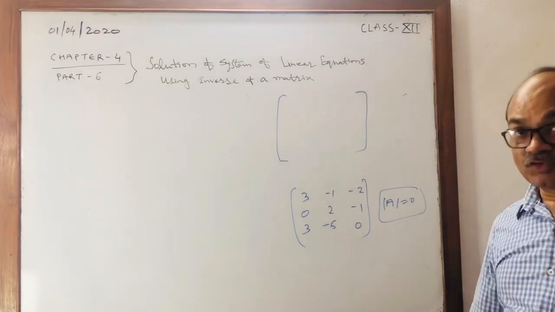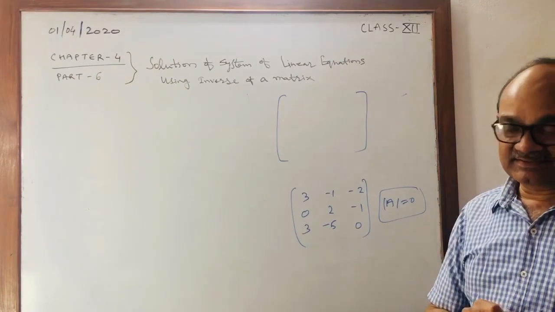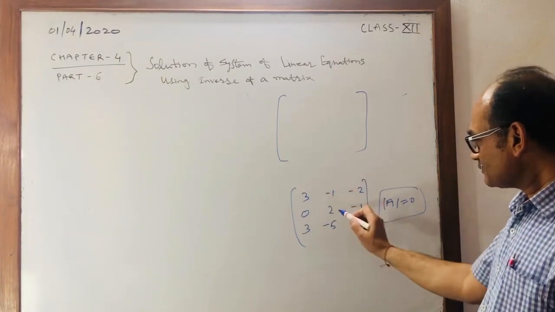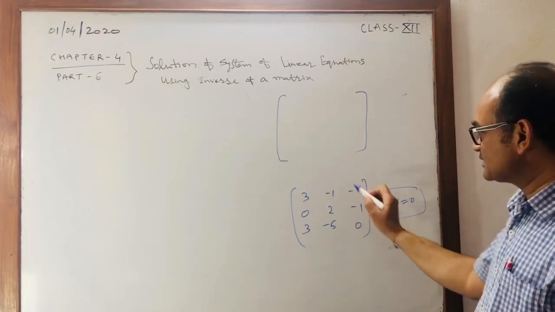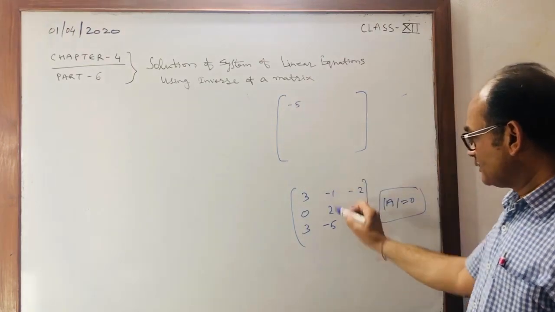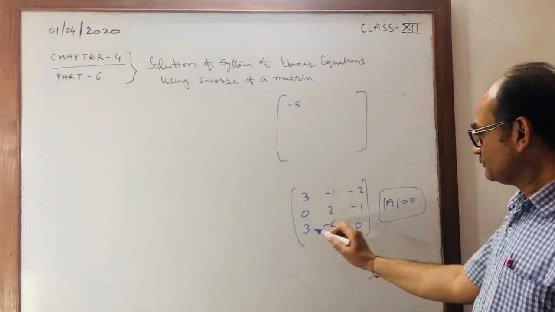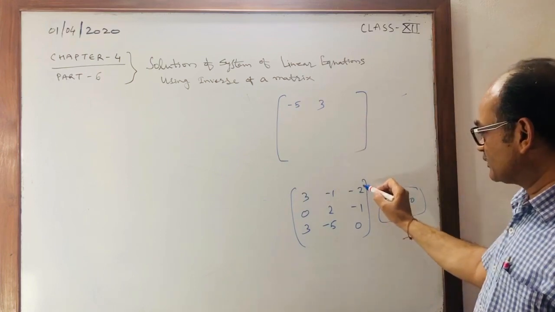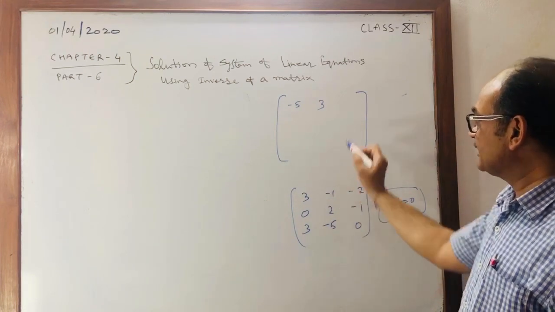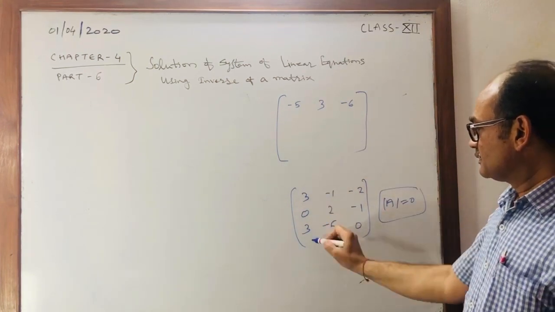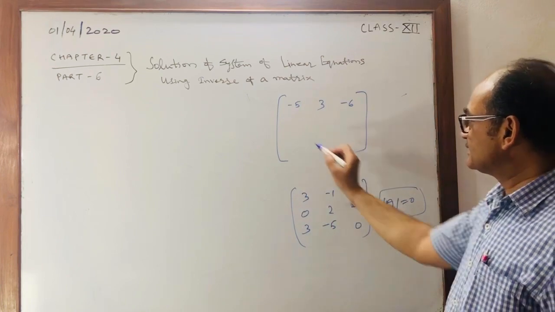For cofactors, first we have to calculate the minors. So start with the minor: 0 minus 5. For this one, 0 plus 3. For this, 0 minus 6. 0 minus 10.